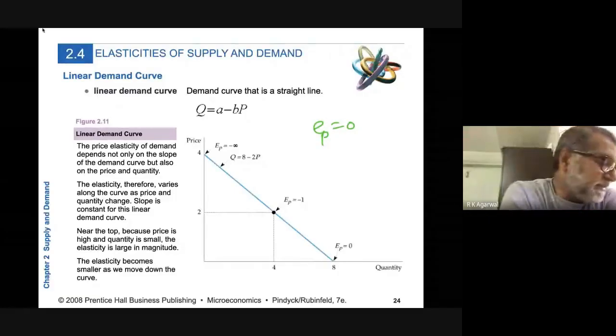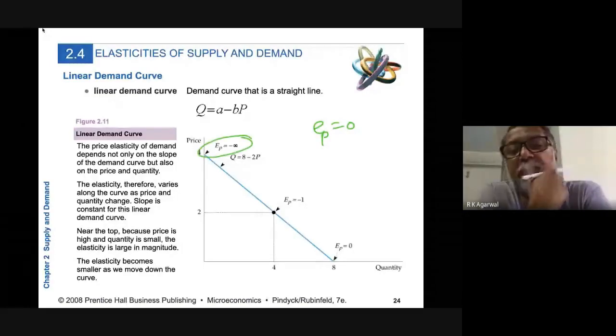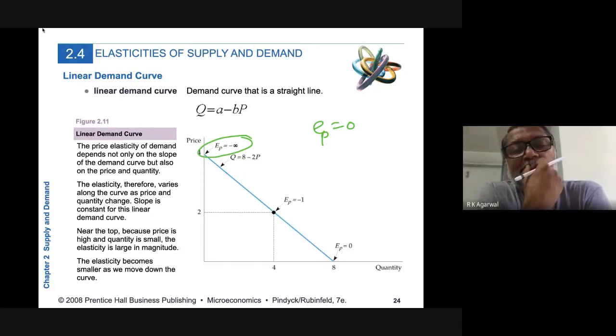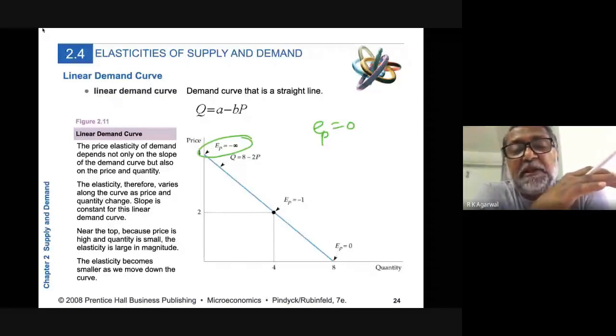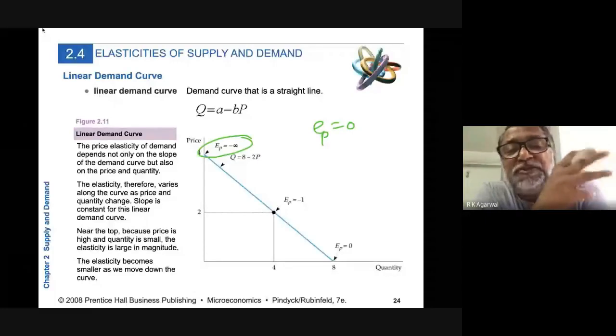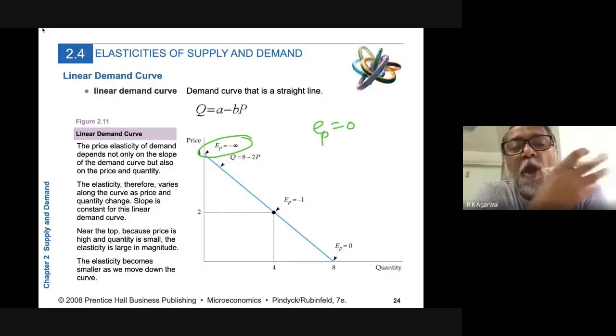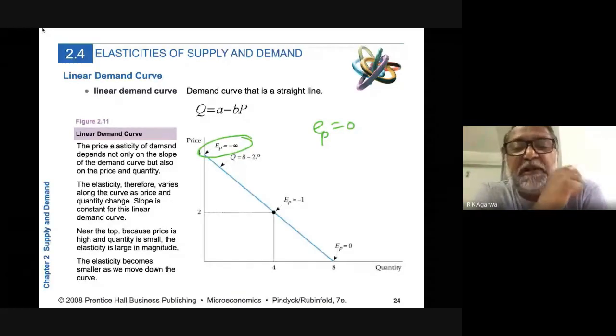And what will infinity mean? Theoretically, it would mean that even though price has not changed, quantity demanded has changed infinitely.